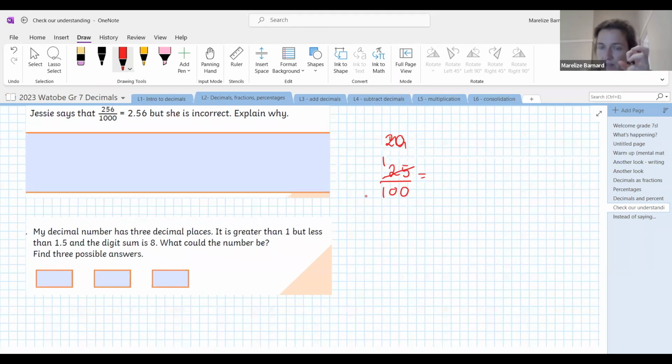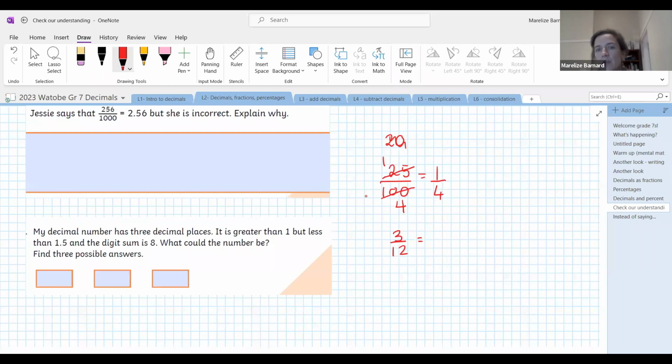So if I'm dividing the numerator by something, I must divide the denominator by that same number. So 25 divided by 25 is 1. And then 100 divided by 25 is how much? Apile is also helping you, and that's 4. So 25 can go into 100 4 times. So that's a quarter.